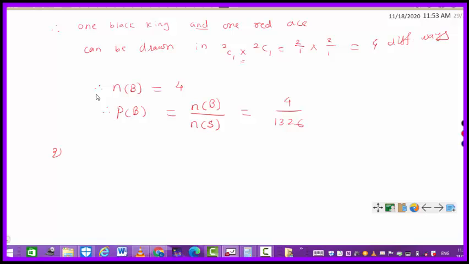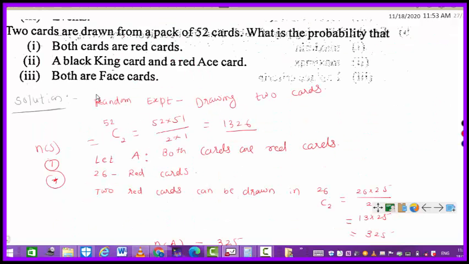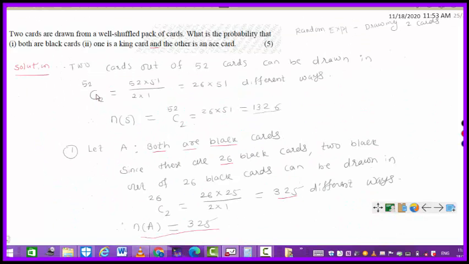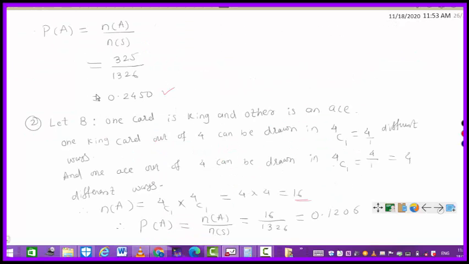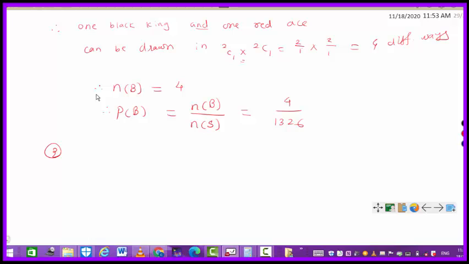Similarly, third one, what is given? Both are face cards. How many face cards are there? See here, there are 12 face cards, that is picture cards. So out of 12, two face cards can be drawn in 12C2 different ways.